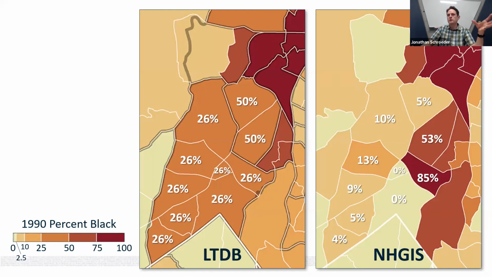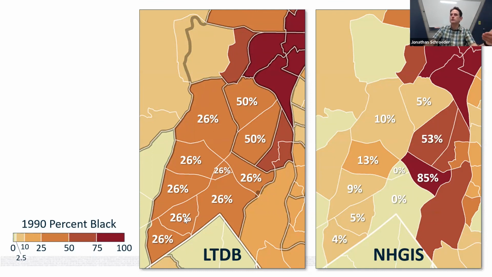If you start with tract data and you disaggregate using a single crosswalk, in this case, this is 1990 percent black in 2010 tracts. There was one 1990 tract here. And if you use a tract-to-tract crosswalk to allocate the count of black population and the total population from this 1990 tract to each of these 2010 tracts, you'll do it in the same proportion to each 2010 tract.